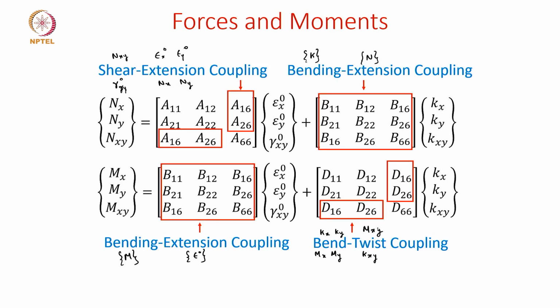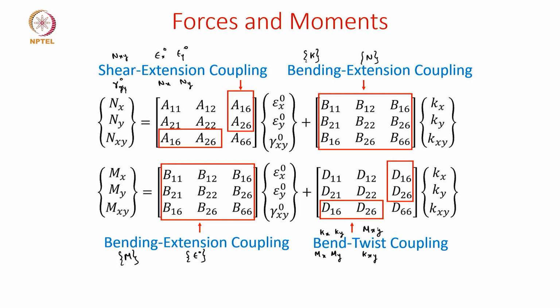So if you look closely, you will see that these ABD matrices bring in a lot of physics because they can show you which of these terms bring in different couplings. Here we have seen the shear extension coupling with the A16 and A26 terms, bending extension coupling using the B matrix, and the bend twist using these terms D16 and D26.